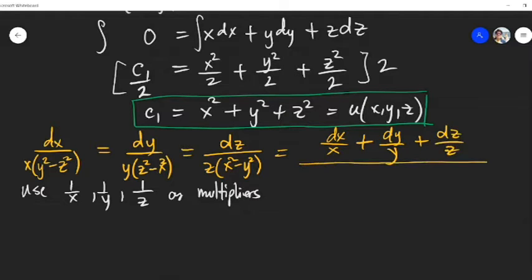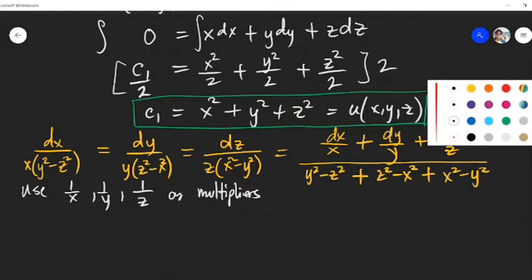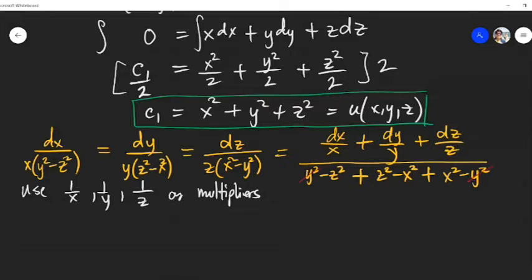All over the denominator we have, so if we're going to divide the denominators by 1 over x for para sa first fraction, so we have y squared minus z squared plus what's left is all the expression inside the parentheses plus the last parenthesis we have x squared minus y squared. And as we can see, we have y squared minus y squared, negative z squared plus z squared, negative x squared plus x squared.